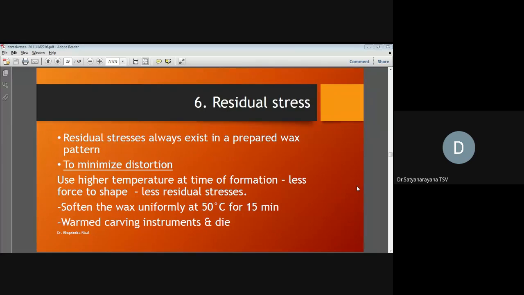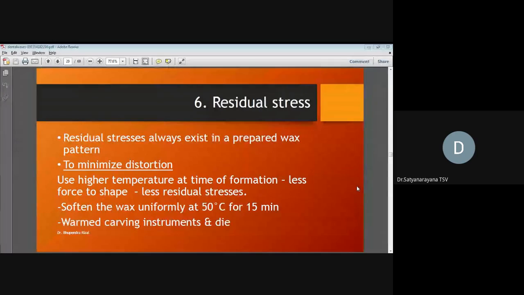That means when the wax is at room temperature, it is in a solid state. But when you have to fabricate a wax pattern, or one shape, to get a desired shape, you melt the wax. That means you heat the wax to higher temperatures.